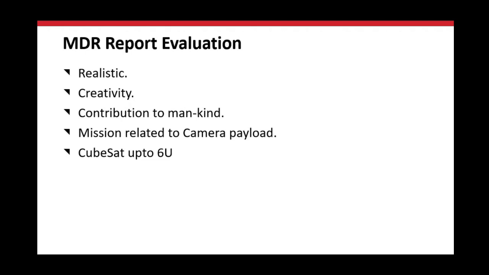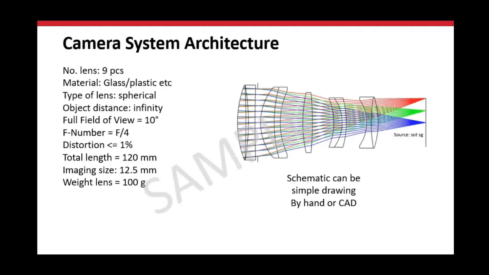And another will be the add-on from just now, the camera system architecture. Maybe you can write in detail what kind of field of view you want to design, what your F number is, maybe your expected distortion, and also the total length. All these parameters will be used in the second round, after the first screening.